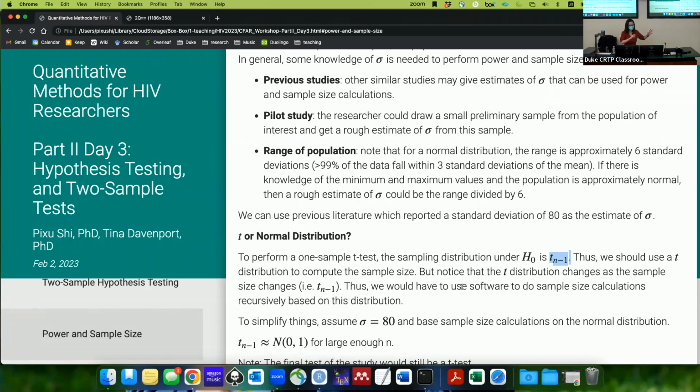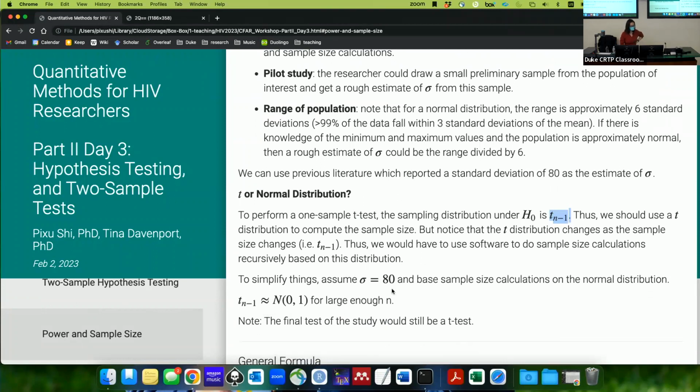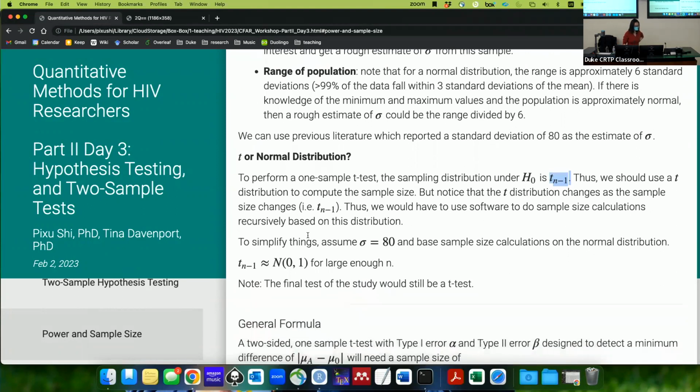What degree of freedom do you use? So the software will help you solve that problem by trying different sample sizes in the backstage and spit out the result. But for hand calculation, you would need to use a normal distribution as the reference to calculate the sample size.